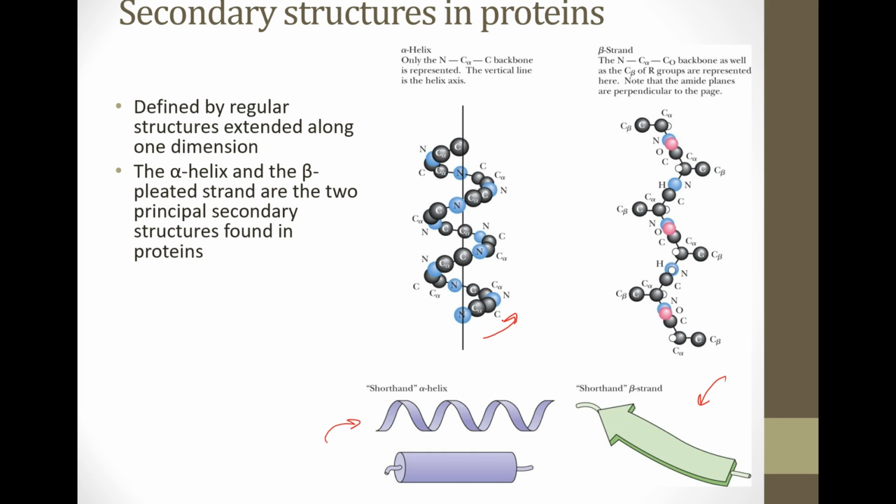In the beta strand, we talked about amide planes. The amide planes in this particular representation are perpendicular to the page. So we have these planar structures on edge, like this. And you see the R groups are being represented by the beta carbons, so these beta carbons are actually R groups. So the R groups alternatively point outward, giving you the least steric hindrance to these amide planes.